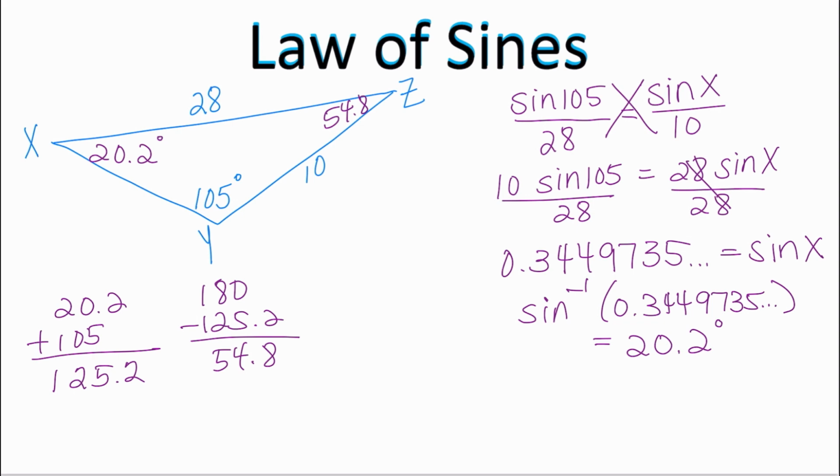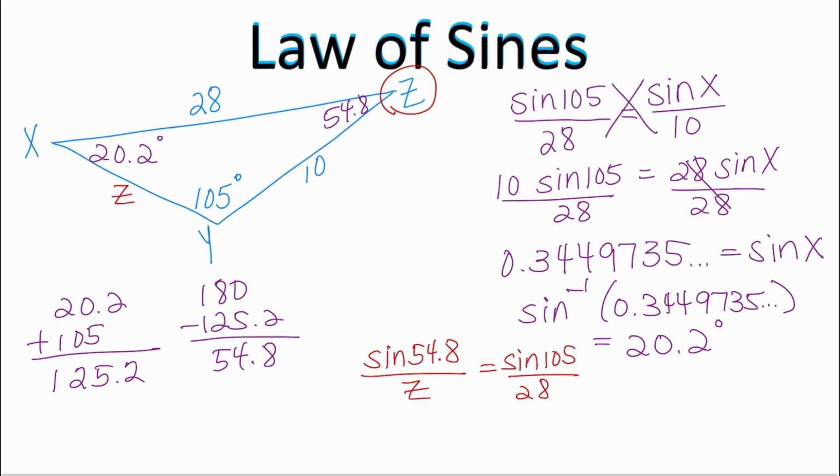With this information, I can set up the law of sines once again so that I can find the missing side, which is side XY. So I'm going to say the sine of 54.8 is equal to, because this is capital Z, I can label this lowercase z, as the sine of 105 is to 28.